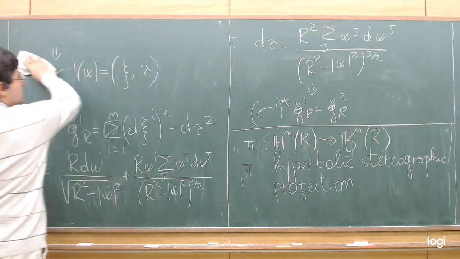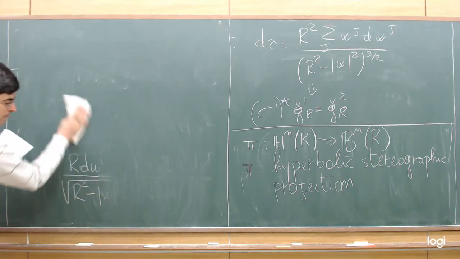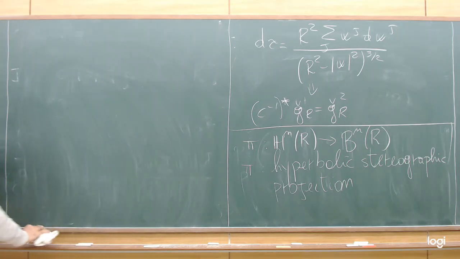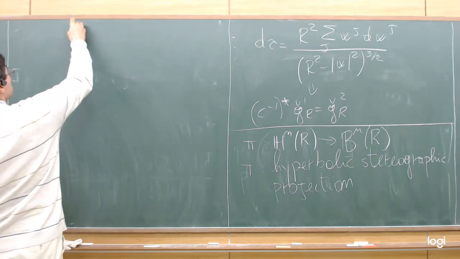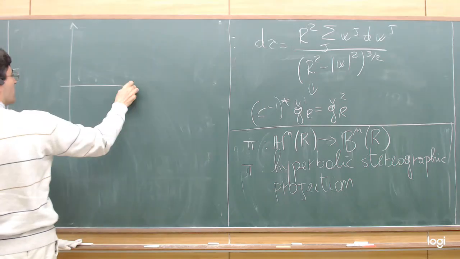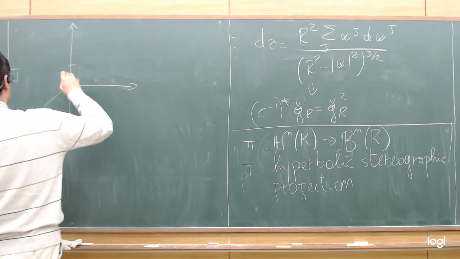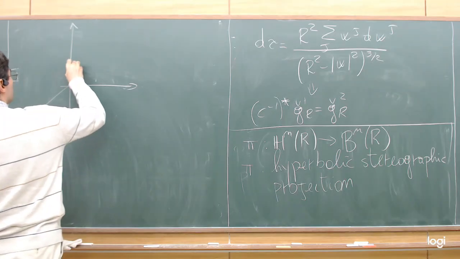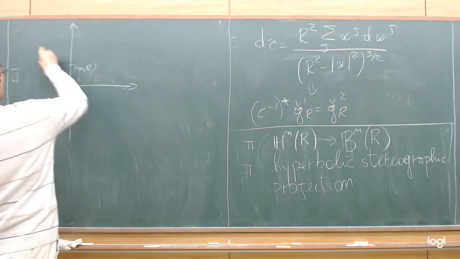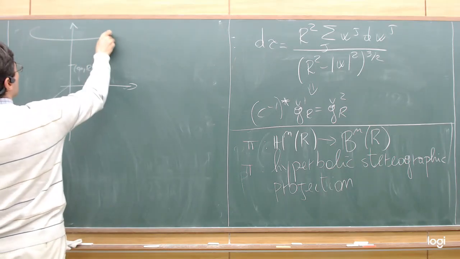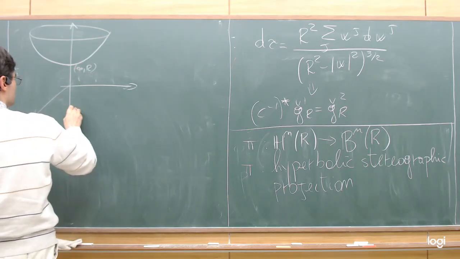Let's make one more picture. Suppose that this is a point of coordinates 0, 0, R. This is the upper sheet of the hyperboloid.